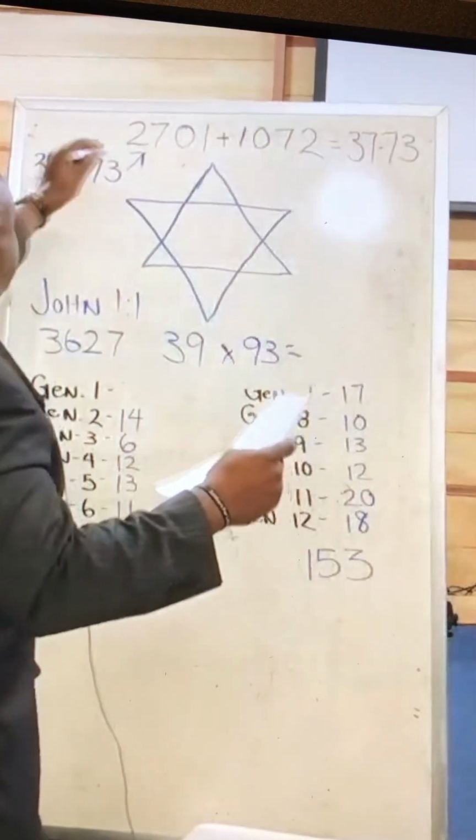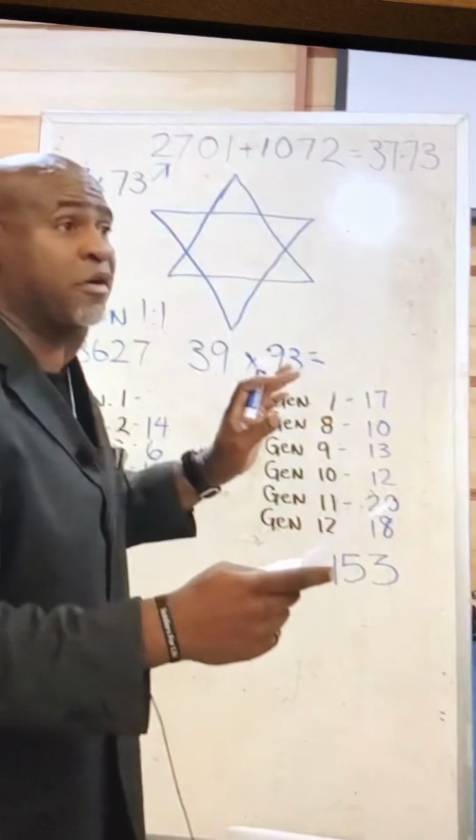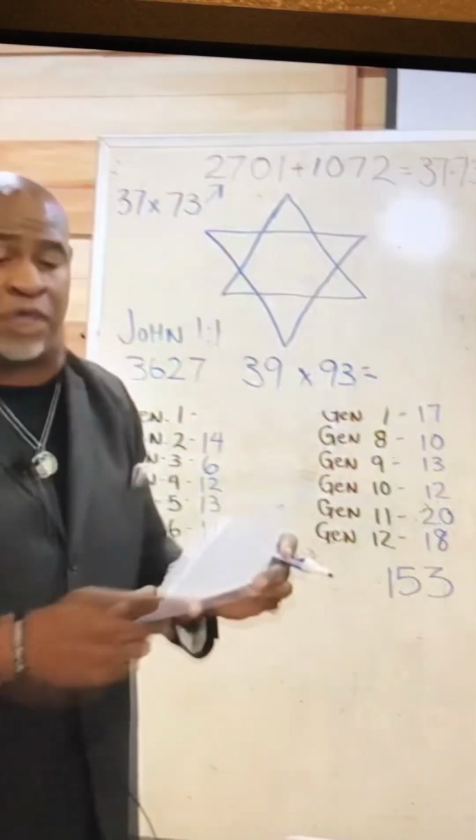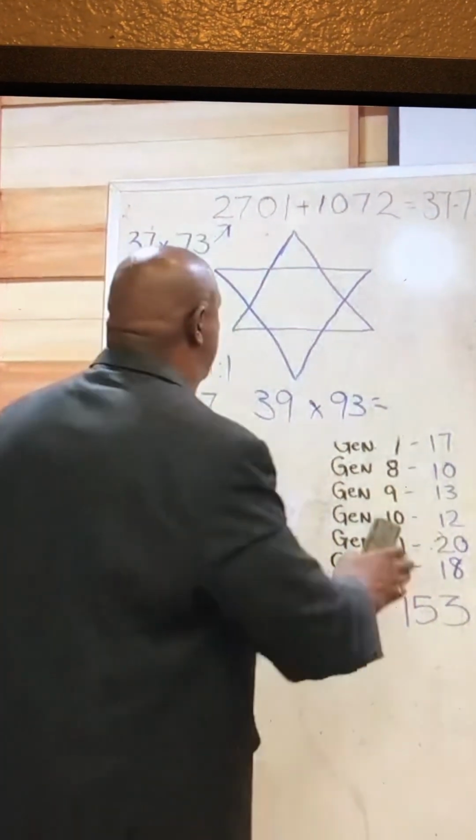So both Genesis 1:1 and John 1:1 are just numerical values turned back on themselves. That's what I mean when I'm talking about turning it back on itself.